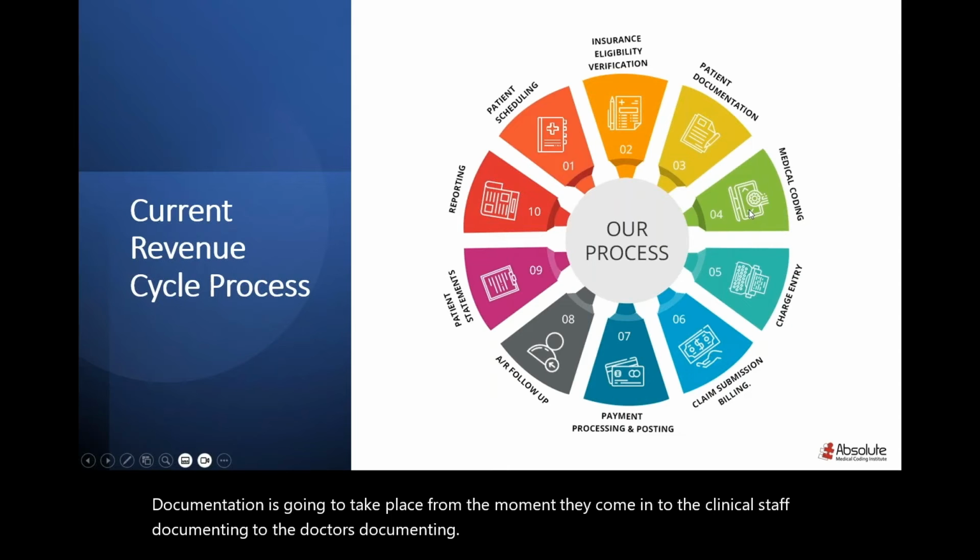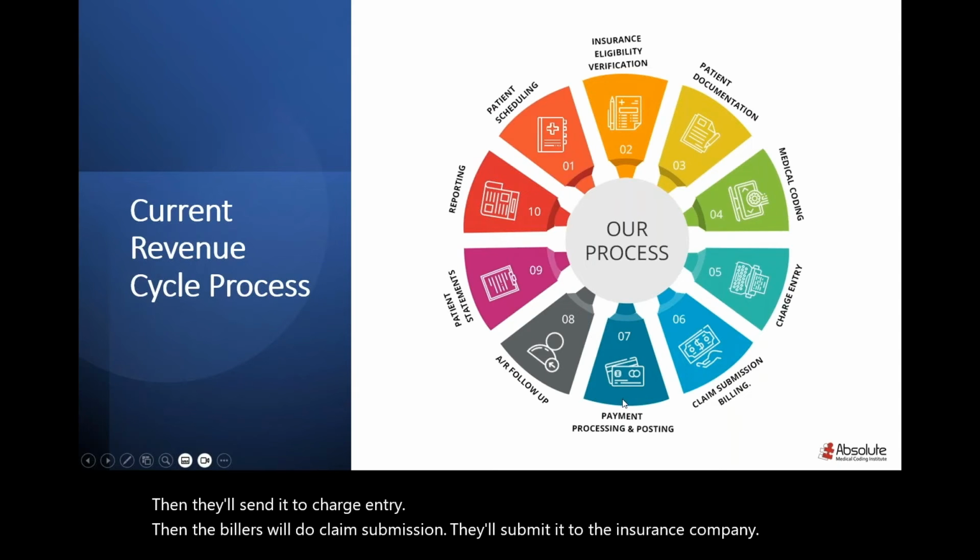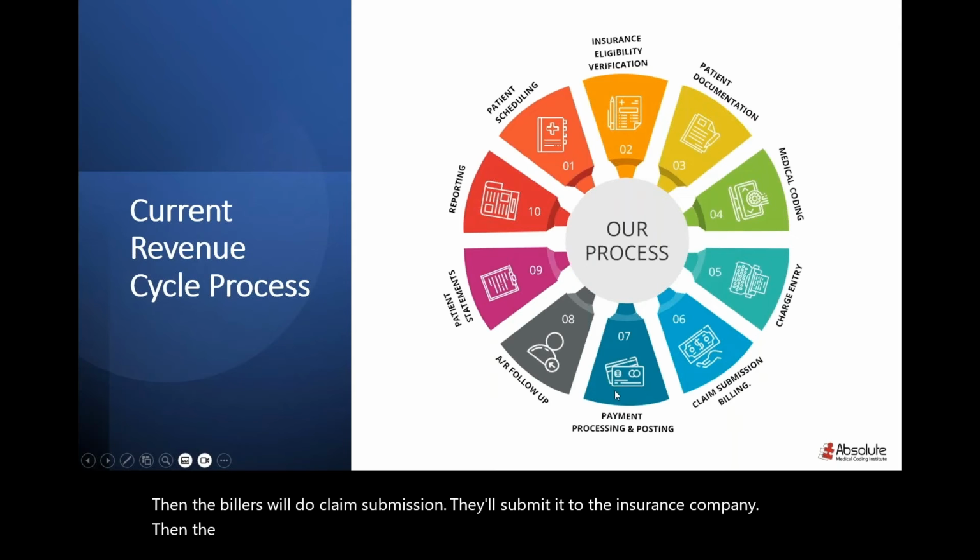Then the medical coders will do their job and code out the encounter. Then they'll send it to charge entry. Then the billers will do claim submission. They'll submit it to the insurance company. Then the insurance company will pay and process the claim.